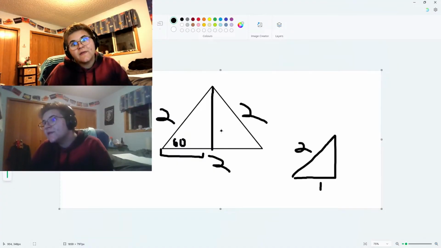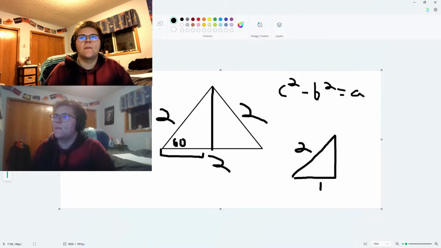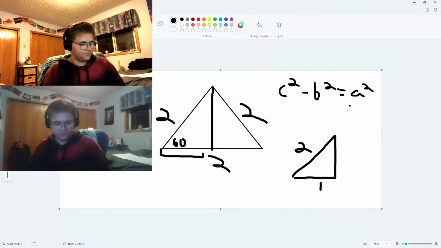And how do we find this? We have the hypotenuse, so it's going to be c squared minus b squared equals. Okay.